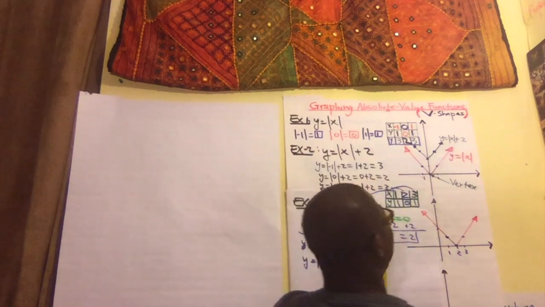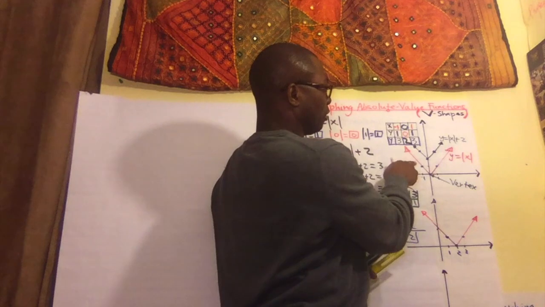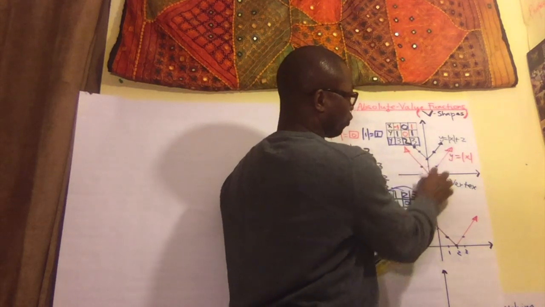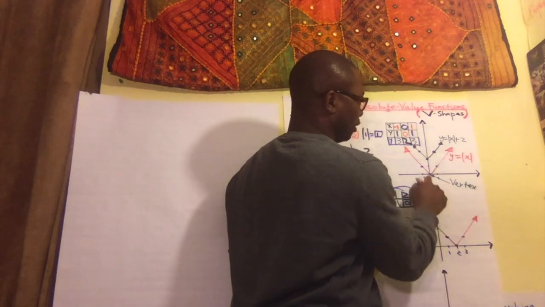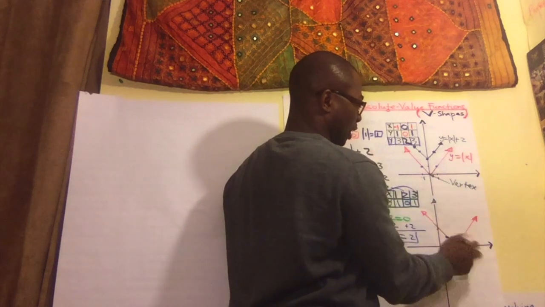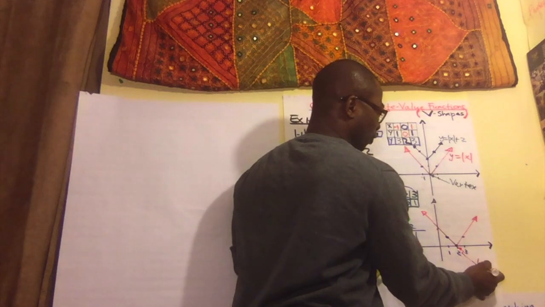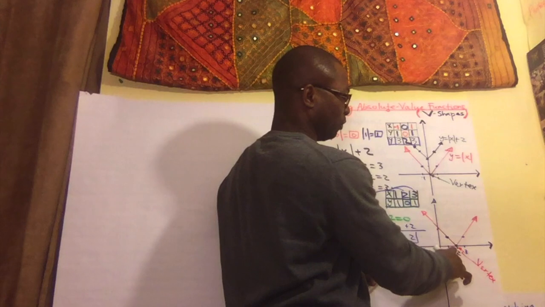There we go. If you look at it really well, just like we were saying before, this function is shifted from this point here to here. So now here's your vertex. The vertex has moved. The vertex is at (2, 0).